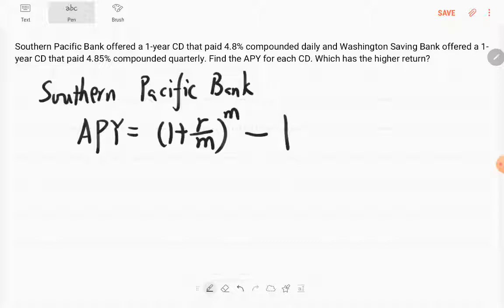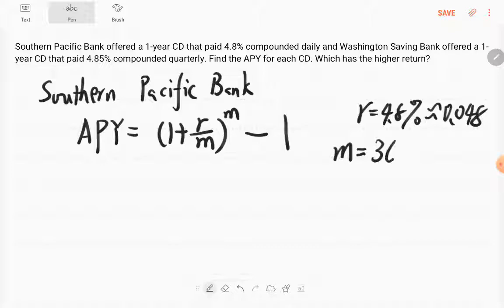So here r is equal to 4.8%, so this would be 0.048. And m is, because it's compounded daily, we assume that 1 year has 360 days. So it's 360.